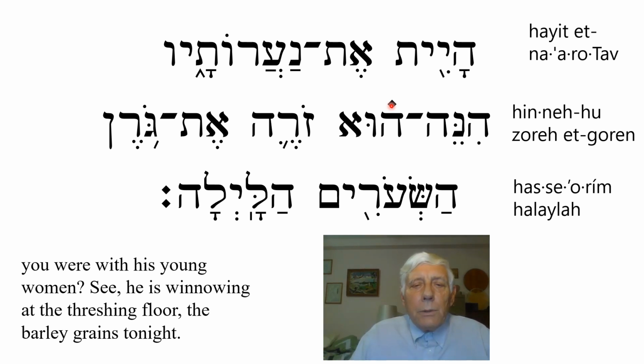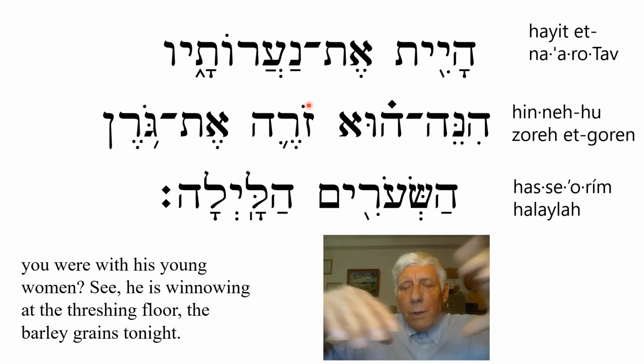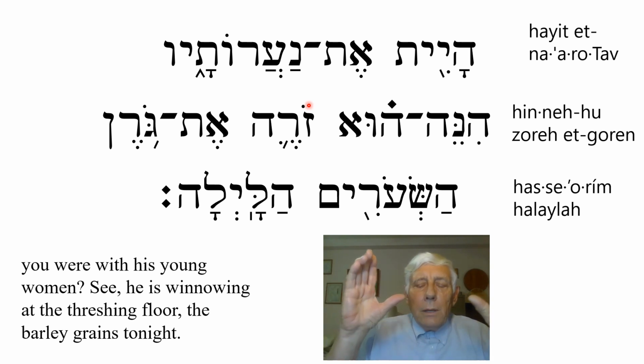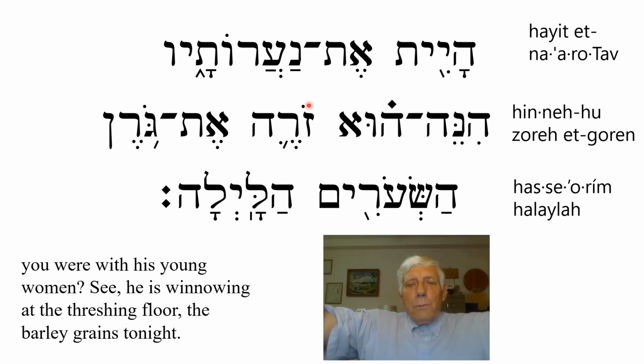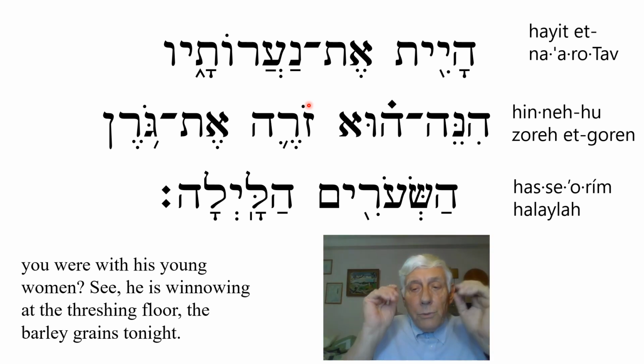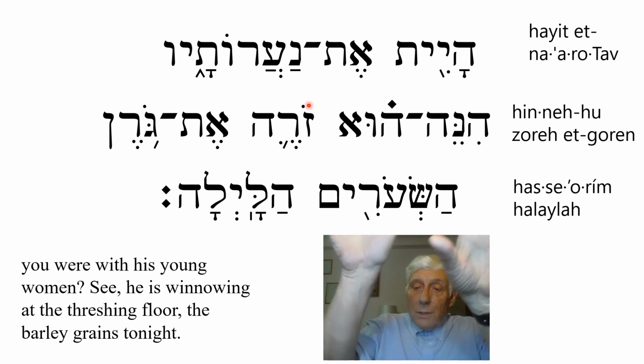That one. Hu zoreh, like I said, winnowing, and zoreh is spreading out the grain in chaff so that the wind will blow away the chaff and the grain will fall down straight. Zoreh is also the symbol of the hands sticking out, the veins of a leaf sticking out. It's also the rays of the sun sticking out.